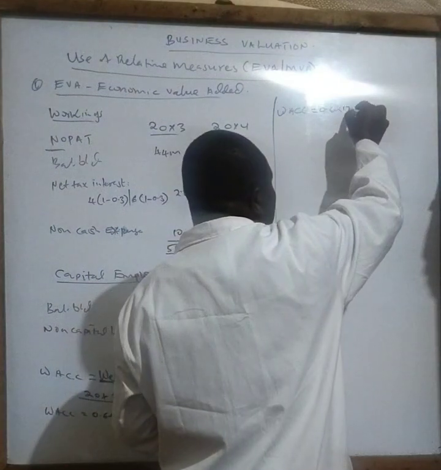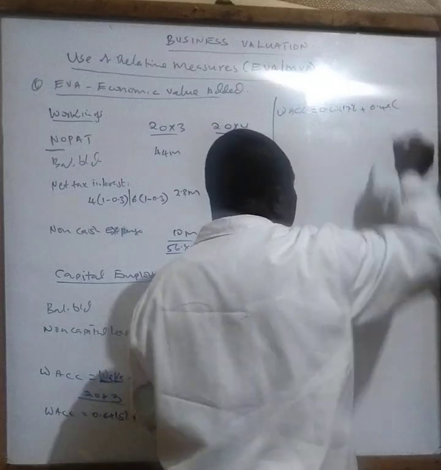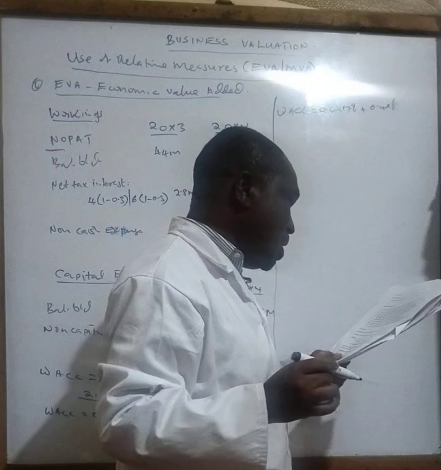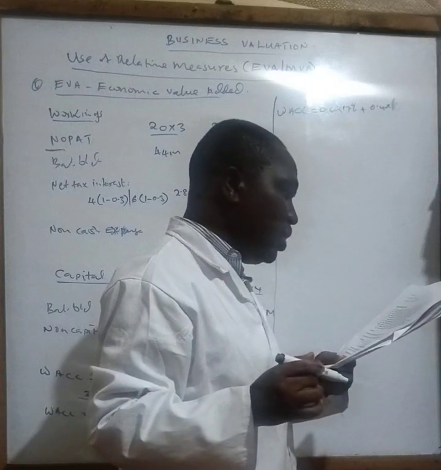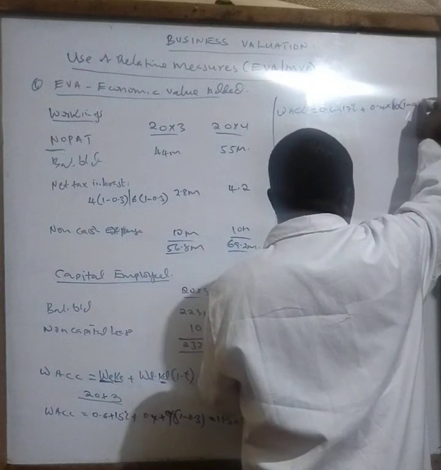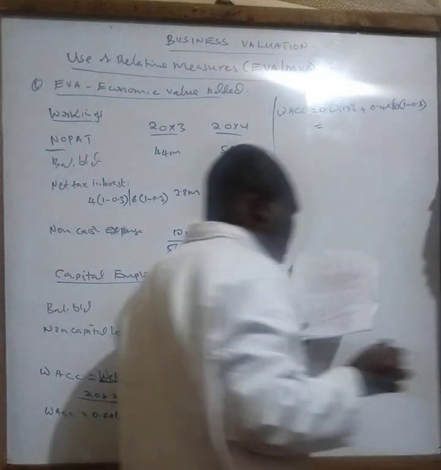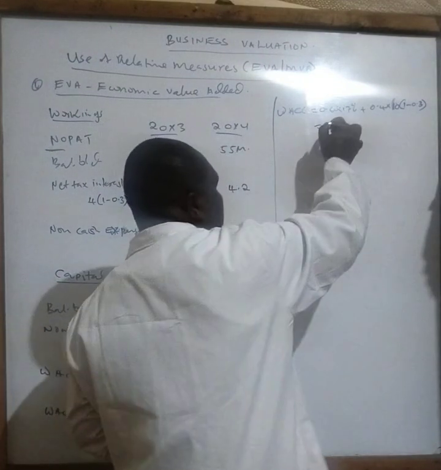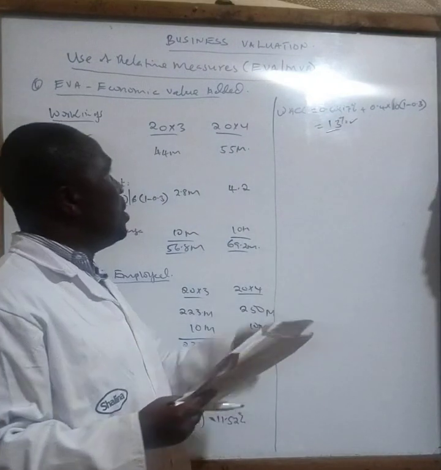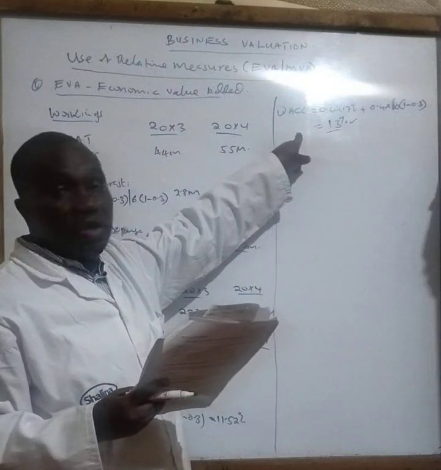So you multiply here by 17% plus 0.4 times the cost of debt for 20x4 is 10%. But it's affected by tax. So this, if you work it carefully with your calculator, you are supposed to get 13%. So therefore, this work we have calculated here will automatically affect the cost of capital.